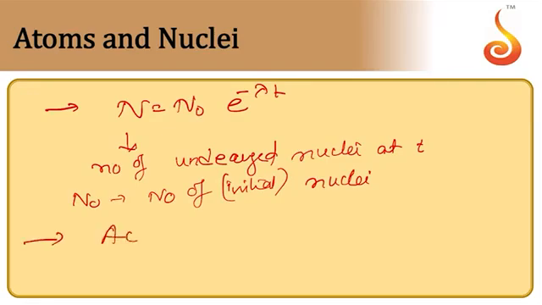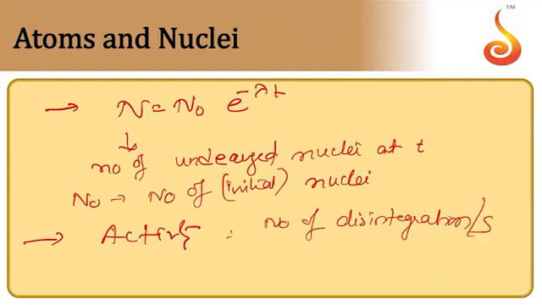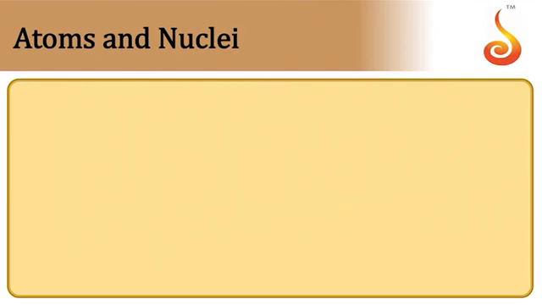Likewise, activity, that's the number of disintegrations happening per second, which is represented by A, is nothing but lambda into N. This can be written in the following form: A is equal to A naught e power minus lambda t. Activity can be written in this form.